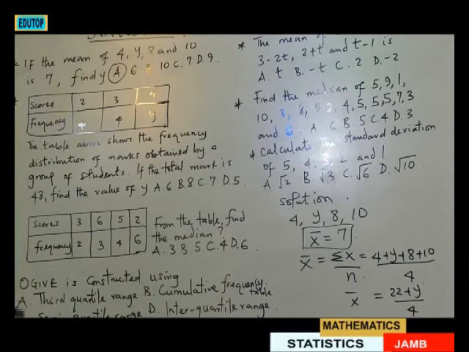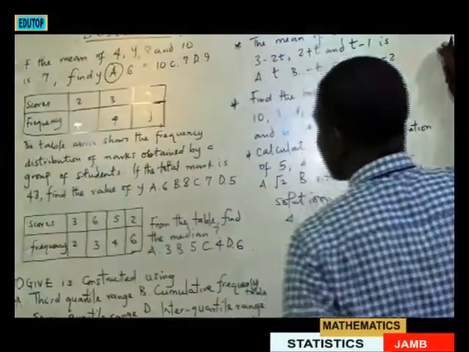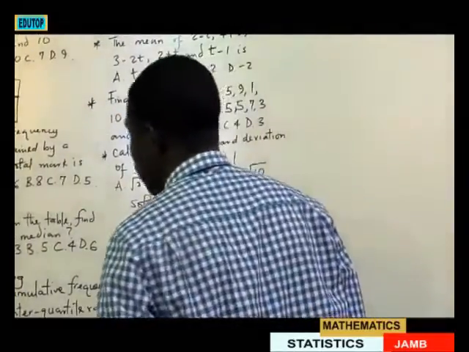So in this situation, the total marks has been given to us. That is simply, we have scores with corresponding frequency.